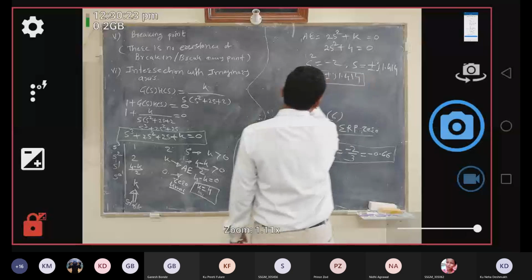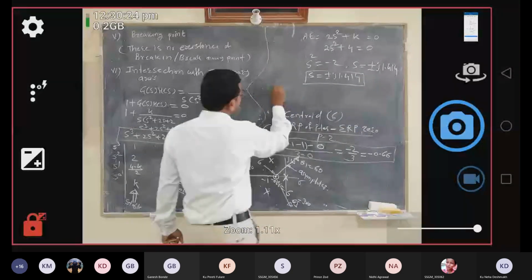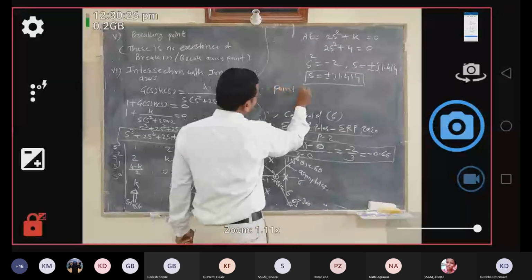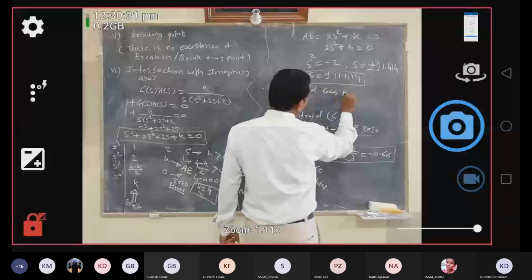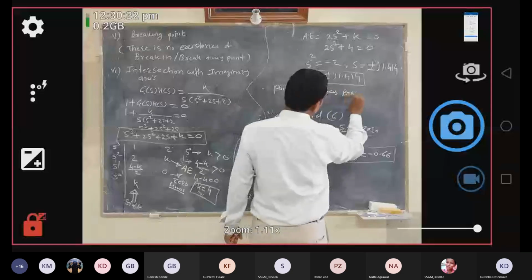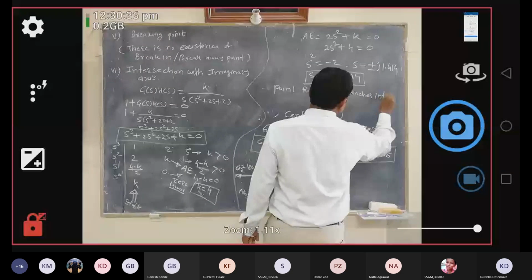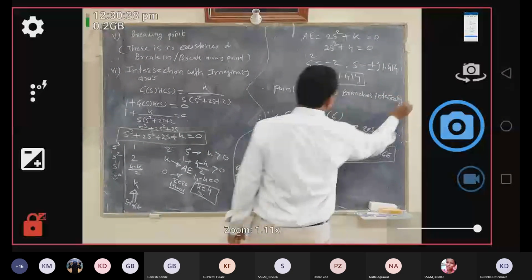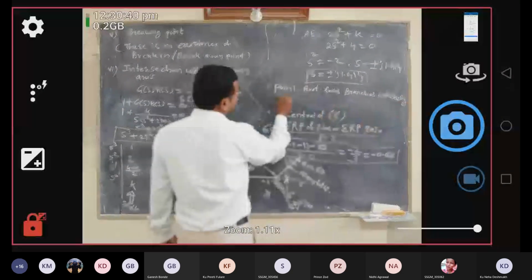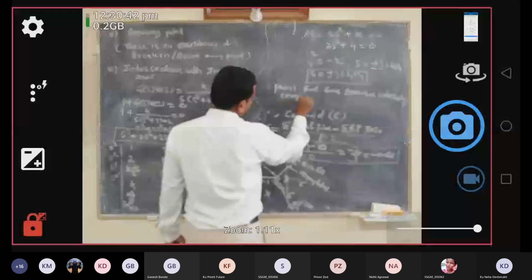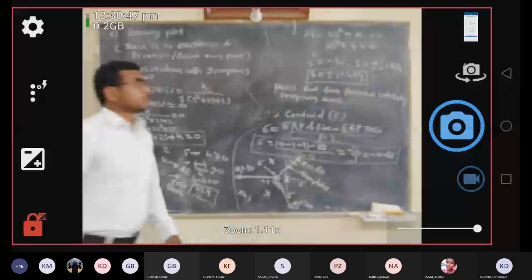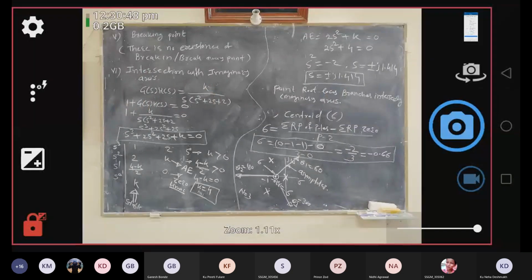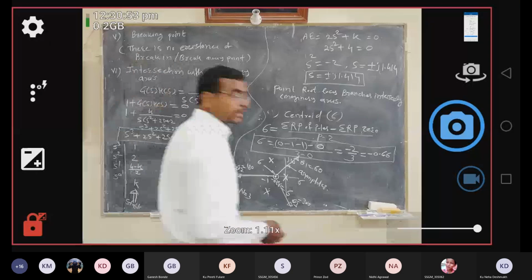So at this point, your root locus branches intersect the imaginary axis. And this we have determined from the Routh array, that is from the root locus method.